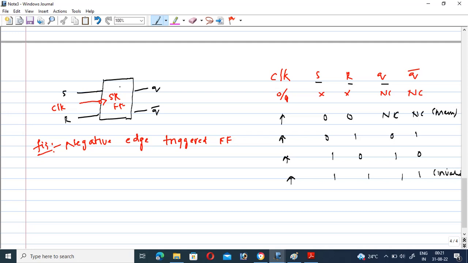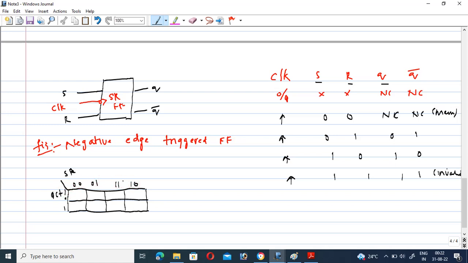So for this, let us see. We will take a three variable K map. It is SR and Q of t, with 0 0, 0 1, 1 1, 1 0.